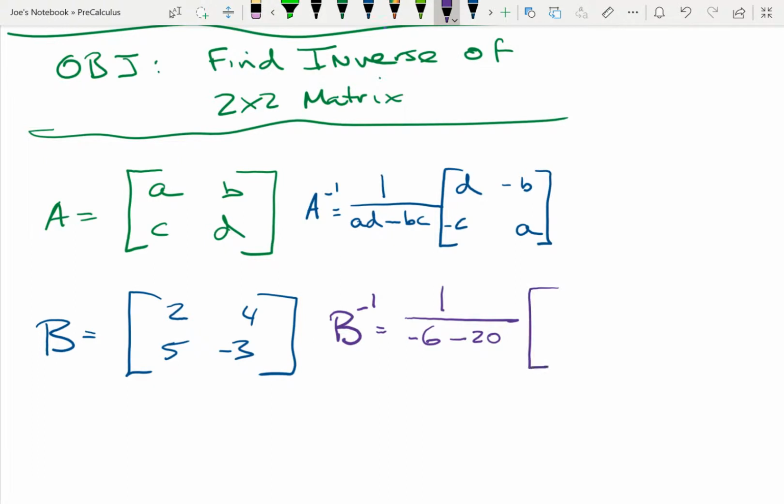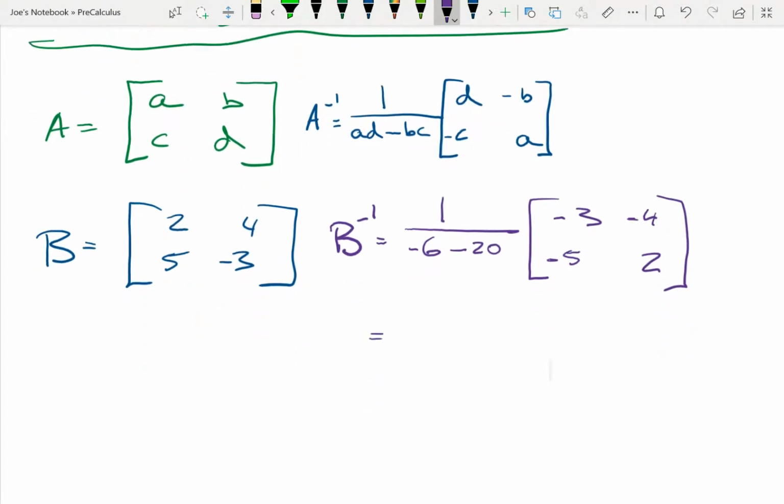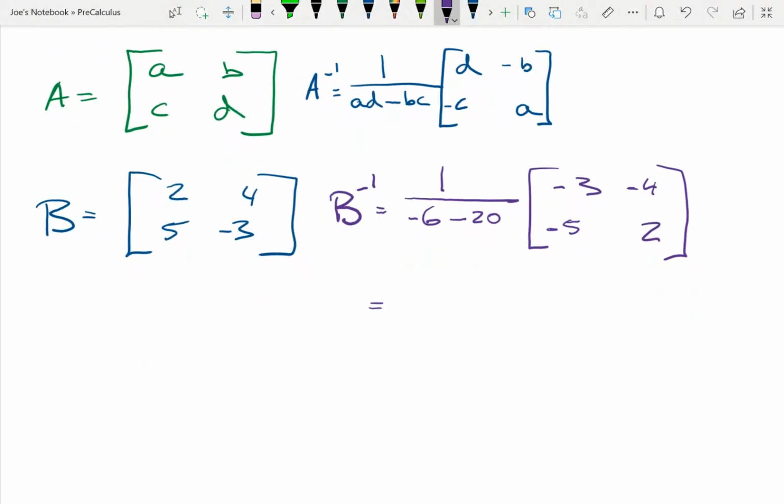And then we switch the places of the 2 and the -3. So -3 jumps up there, 2 jumps down there. 4 stays where it is, but it's negative. And 5 stays where it is, but it's negative. Let's clean it up a bit. So it's 1 over -26, times -3, -4, -5, and 2.